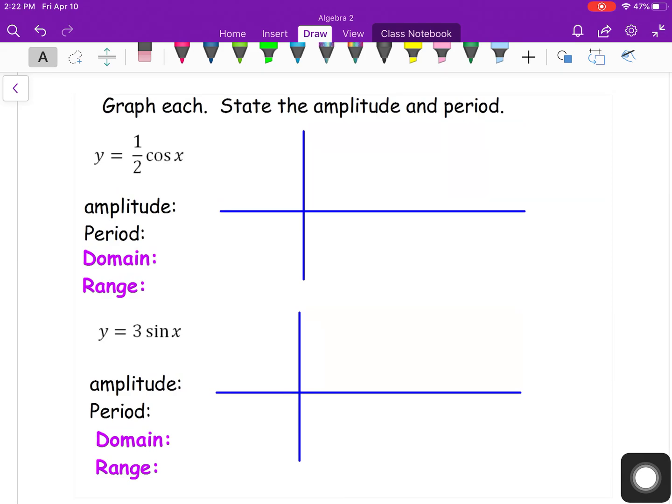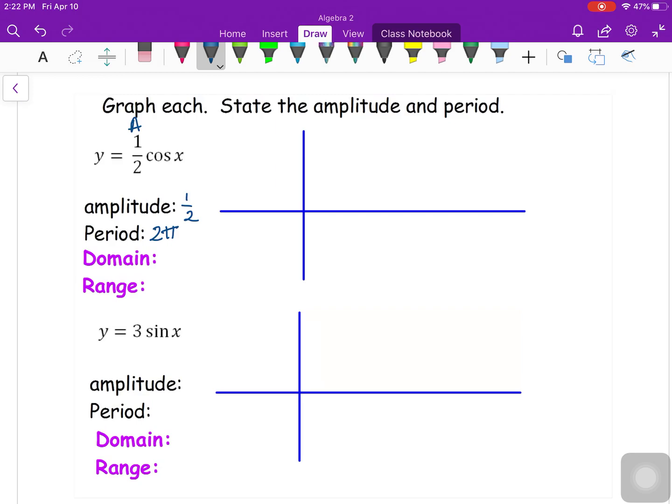Okay, so let's go ahead and try some graphs. This time, y equals half cosine x. The amplitude is your a, which is 1/2. My period for cosine is 2 pi. That's how I got one full cycle.